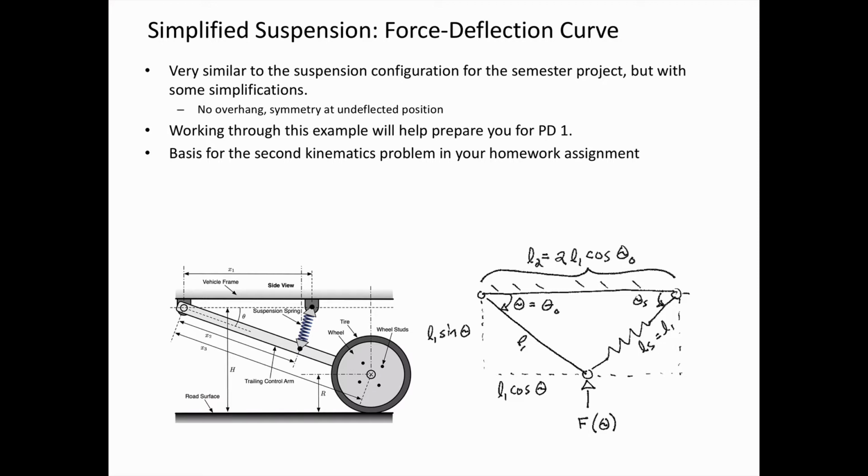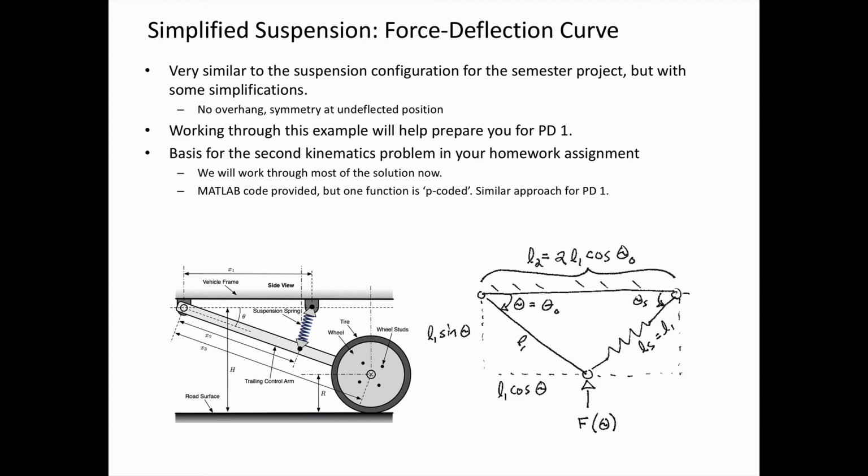This is also the basis for the second kinematics problem in your homework assignment. In this video, we're going to derive almost all elements of it, but I'm going to leave one thing out, and that's your homework problem, to work through the one thing I leave out at the end. I've provided MATLAB code for this problem. The part that I am not deriving in this video is what we call P-coded, or MATLAB protected code.